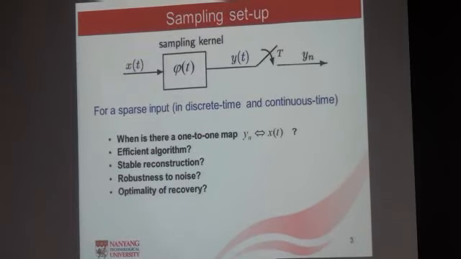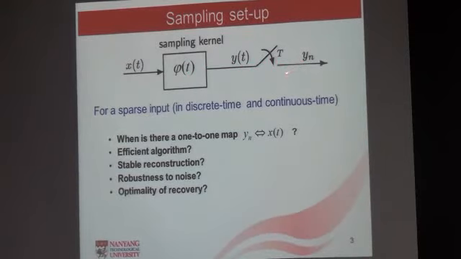So the usual sampling setup: you have a signal x of t, and it goes through some acquisition device, which usually is a low-pass filter, and we obtain a low-pass approximation of the signal, or a filtered signal, and then it gets uniformly sampled.